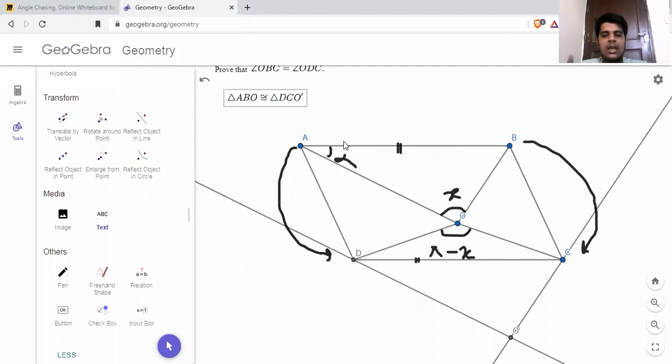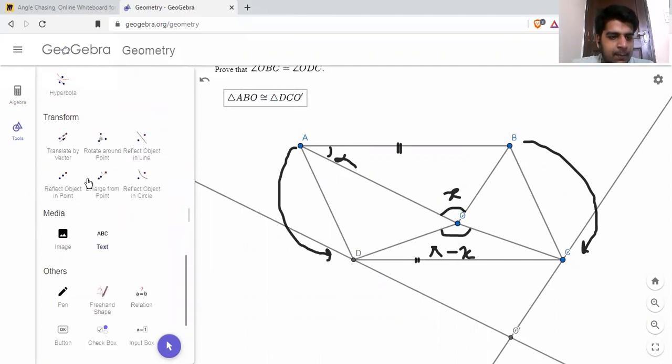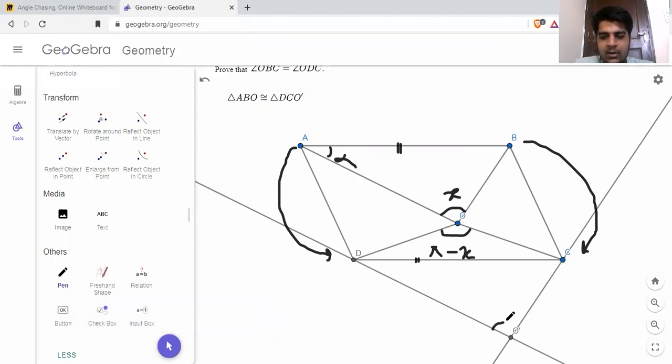We can do this because AB equal to CD. Now, since these two are congruent, by CPCT, angle AOB should be equal to angle DO dash C, which means this is also X.